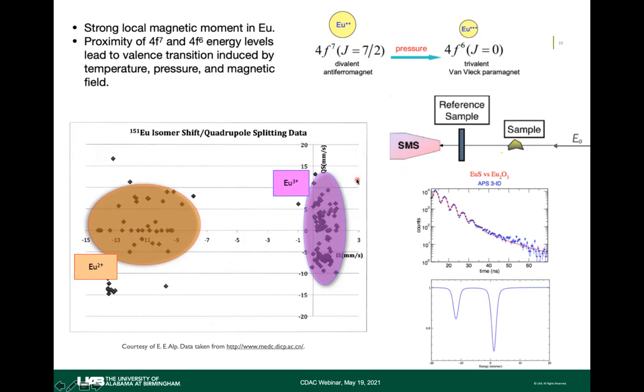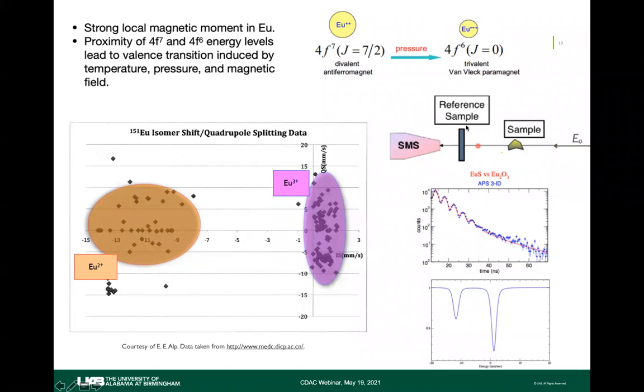Keeping in mind, when we do experiments at the synchrotron beamline, especially at the APS, we actually take data in the time domain. If we just measure the sample itself, we lose the absolute energy scale in millimeters per second, compared with traditional Mossbauer data. So here we place a reference sample with known isomer shift.